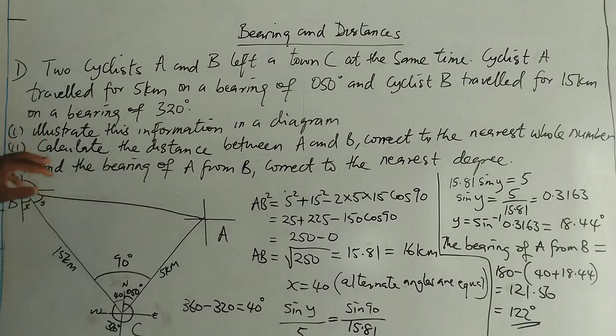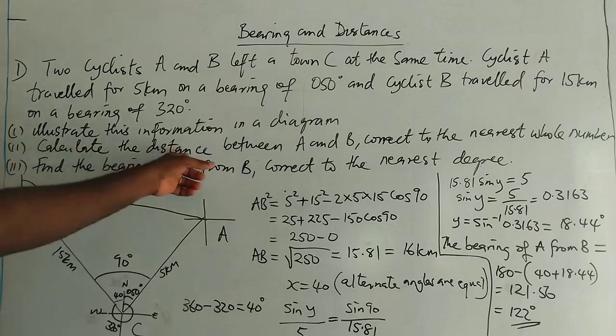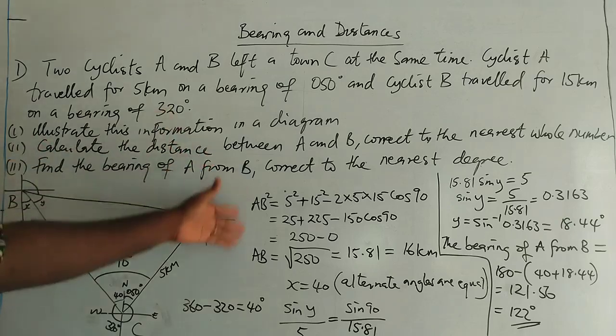So in summary, anytime you are given a question on bearing and distances, it's always good you make your sketch. After the sketch, you can now proceed with the calculations. To calculate the distance, most times we use the cosine rule.